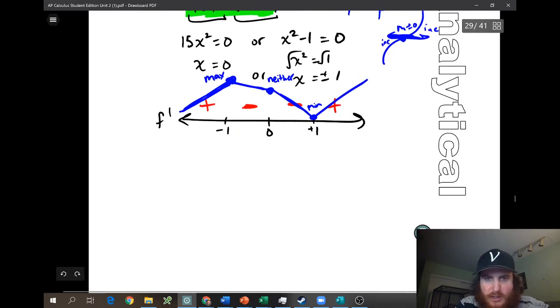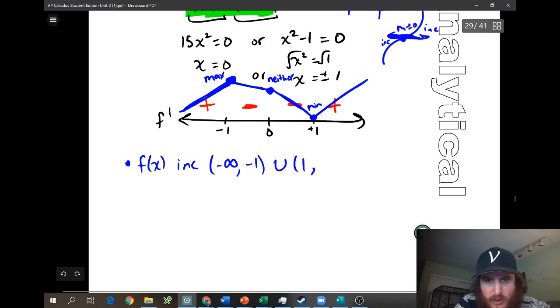Okay, so now that was step 2. Now step 3 is to write our answers and fill it in. So we're going to say f of x is increasing for -infinity to -1, the positive spot, union 1 to infinity. Why? Because f prime of x was greater than 0 at these intervals.